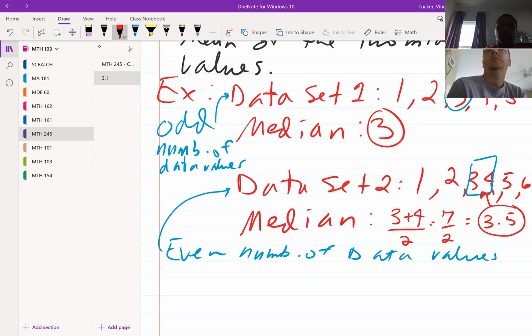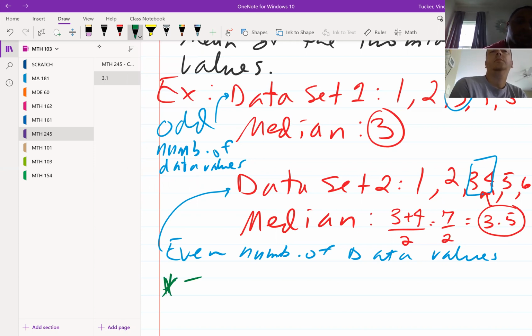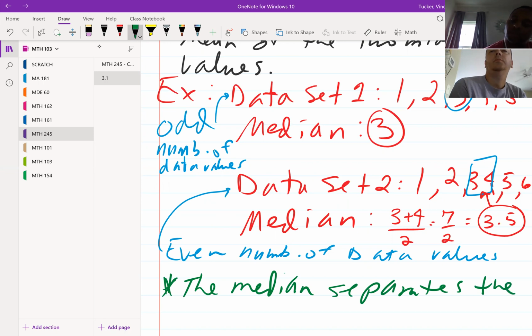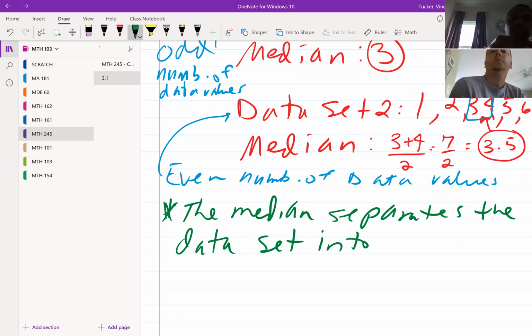Also, another thing to remember about the median, it'll come up later. The median separates the data.